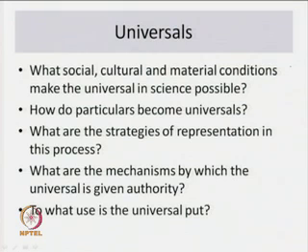So, what are the questions that we may ask after scholars in science, technology and cultural studies? Some of the important questions are, please look at the slide: what social, cultural and material conditions make the universal in science possible?